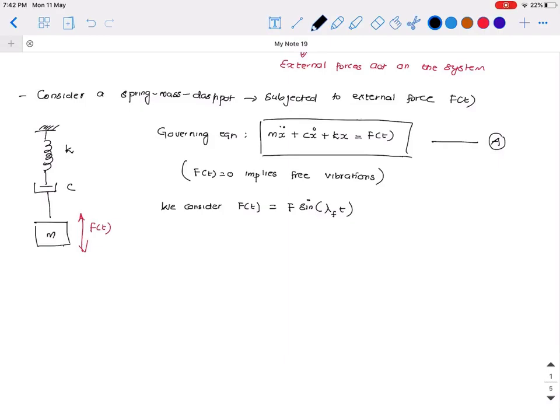The reason for choosing this function is that any complex function can be written in terms of sines and cosines, and that is Fourier series.